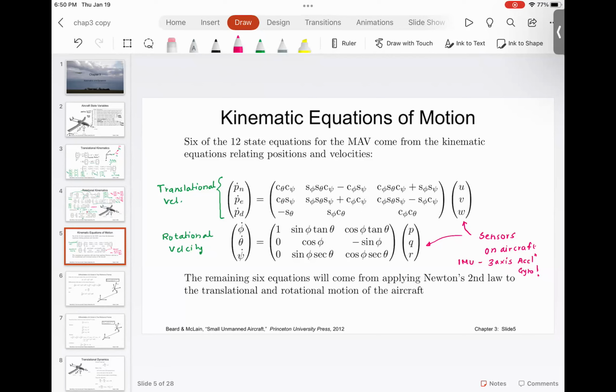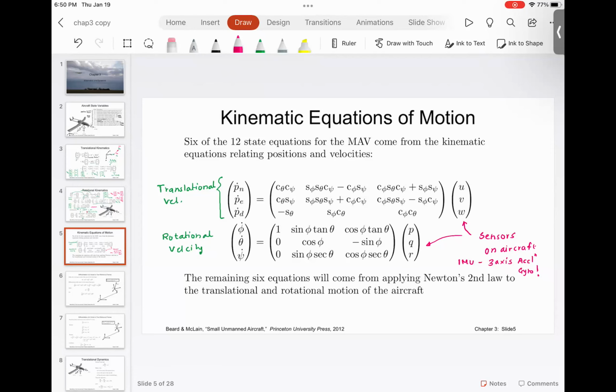Now, you are going to find out the roll, pitch, and yaw, theta, phi, and psi value at every time step. That value gets fed into the top matrix where it needs cosine phi, sine phi, all that stuff.